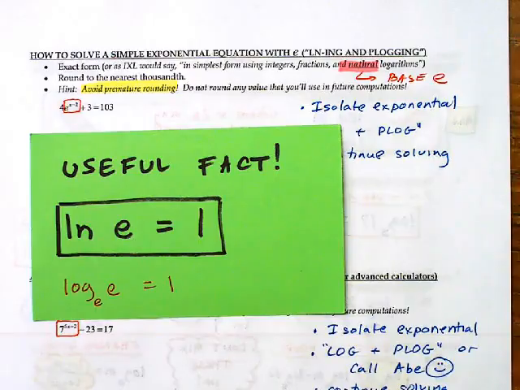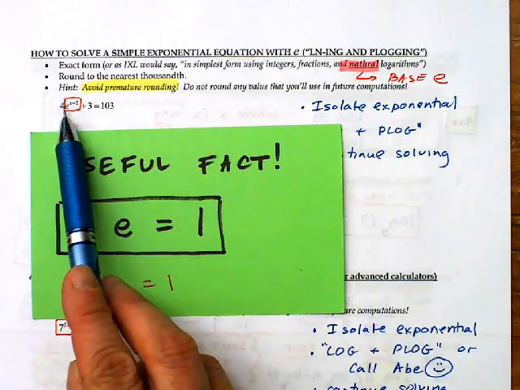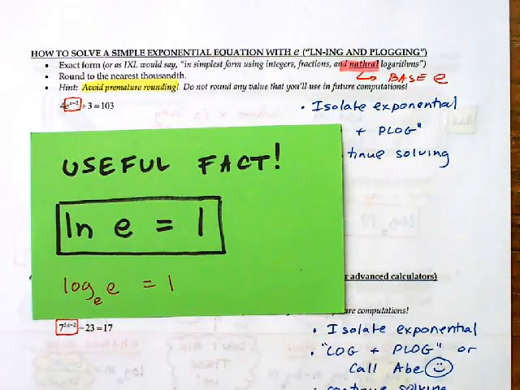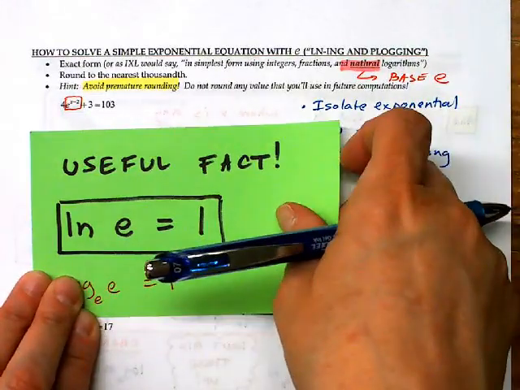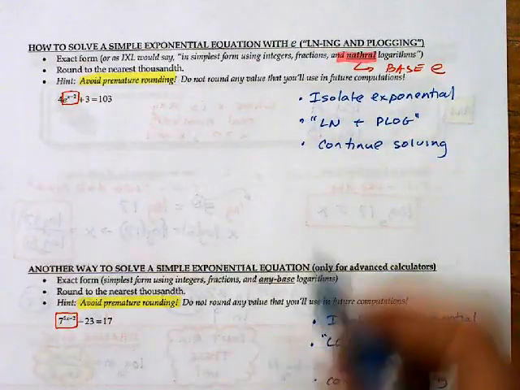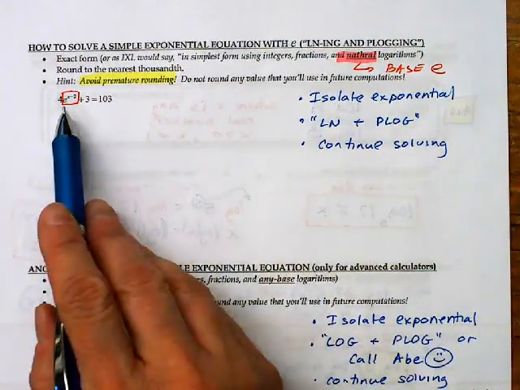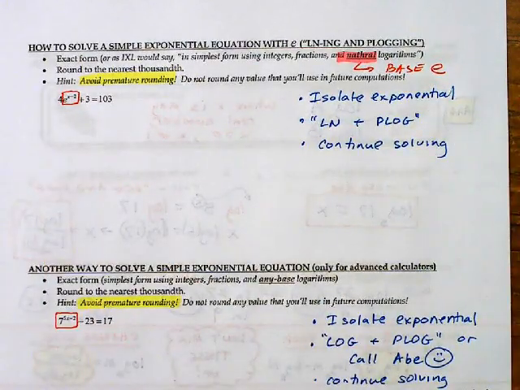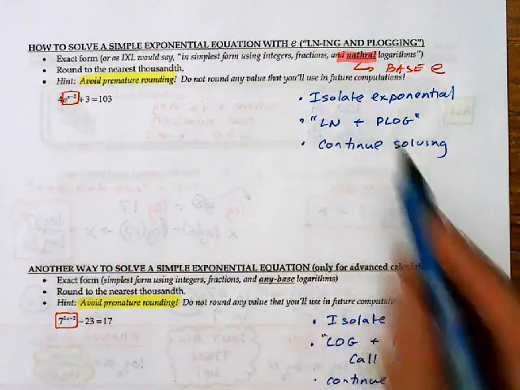Log base e of e is 1. When you do spy an exponential equation with e as the base, it is most helpful to use a natural log for your calculating. So we would need to still isolate the exponential. The e has the exponent, and then we will natural log and plug and continue solving.